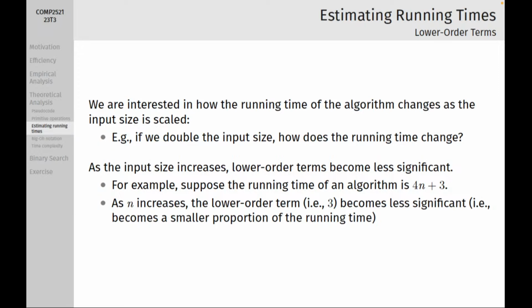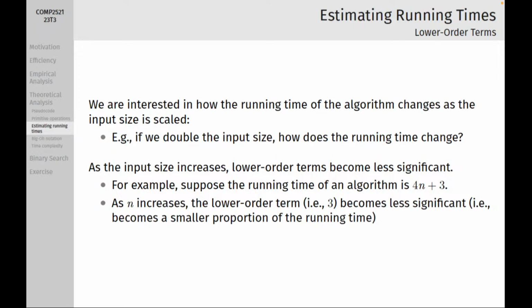But if n is 10, then the first part of the sum would be 40, and then we'll be adding 3, so 3 would be a much smaller part of the running time. And if n is 100, then the 3 would be even less significant. So as n increases, the lower order terms become less significant, and they become a smaller proportion of the running time.